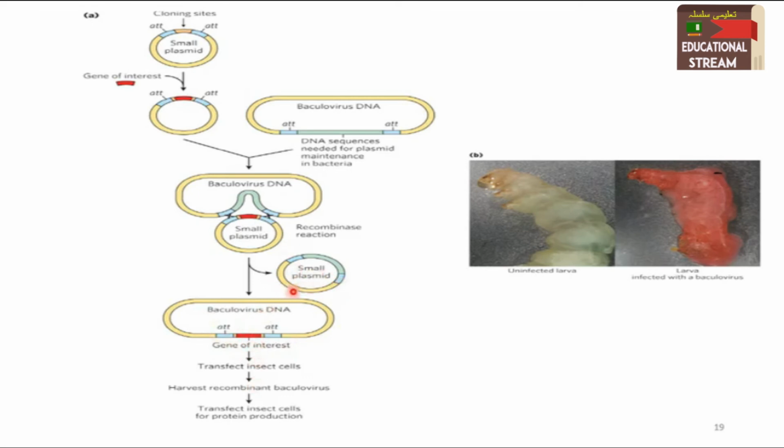And this is a small plasmid which now contains the DNA sequence required for plasmid maintenance in the bacterial host. Then the baculovirus DNA containing the gene of interest is transfected into the insect cell, and after transfection we harvest the recombinant baculovirus and infect cells for protein production.